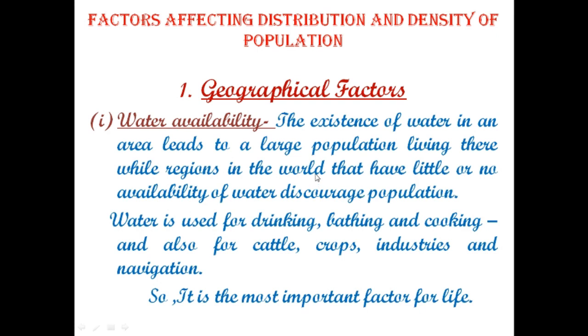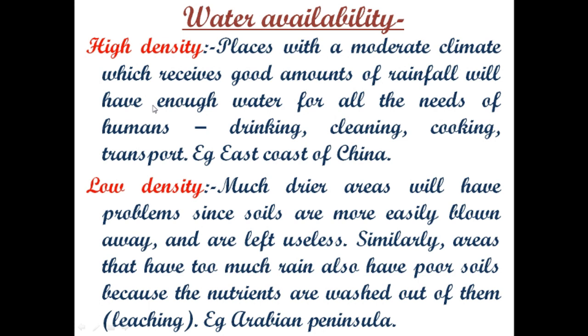Students, we know that water is a very important factor for life. So it definitely affects the distribution of population because water is used for drinking, bathing, cooking, also for cattle, crops, industries, navigation, etc. If we see high density population areas, these places receive a good amount of rainfall and they have enough water for all the needs.